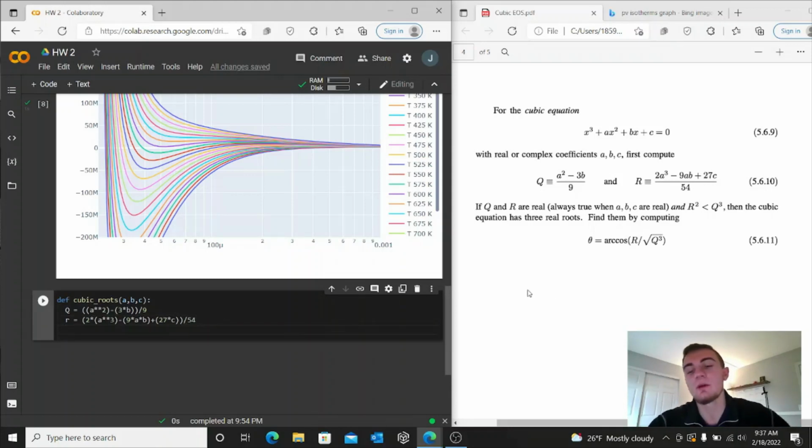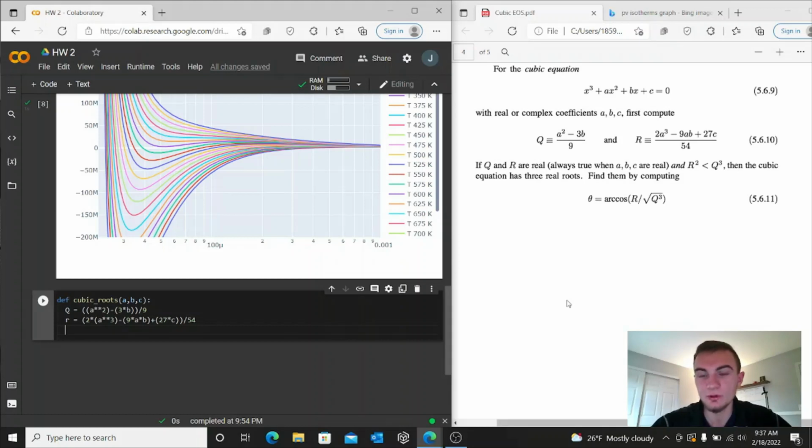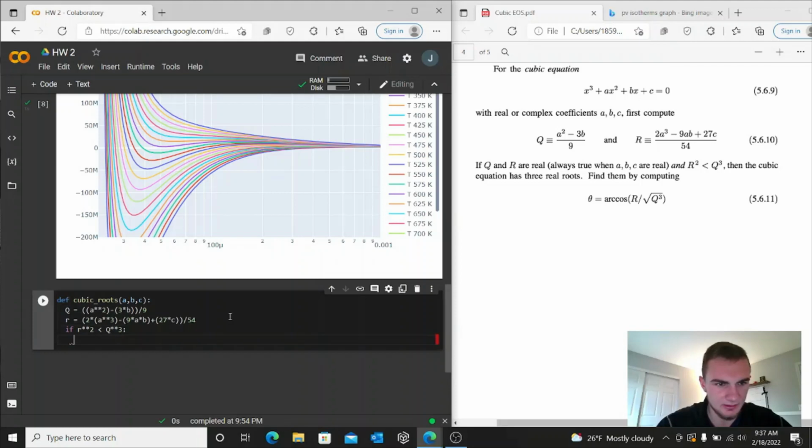Okay. So now, since we'll have two different conditions here, we have to write an if statement for our condition. So we'll say that if, again, our r squared here is less than our q cubed, then what's under that if statement is whether that's true, and then we'll also have another situation. So we'll say here that if r squared is less than q cubed, then we will first compute this theta value here.